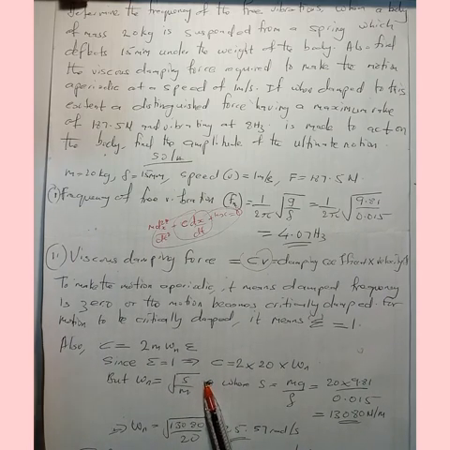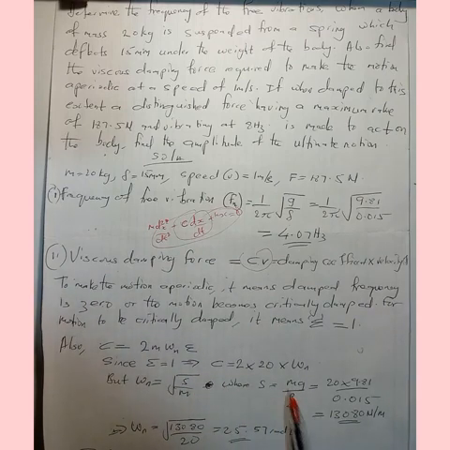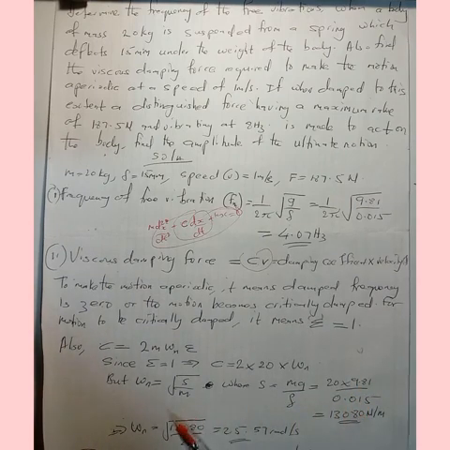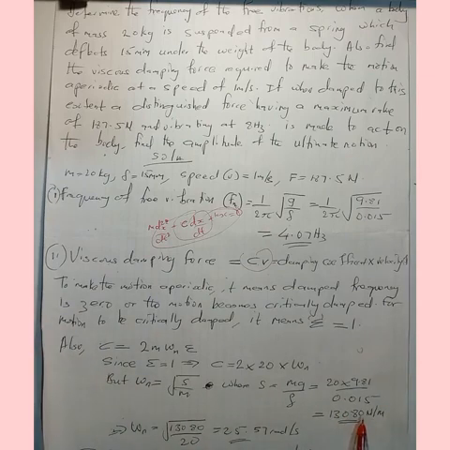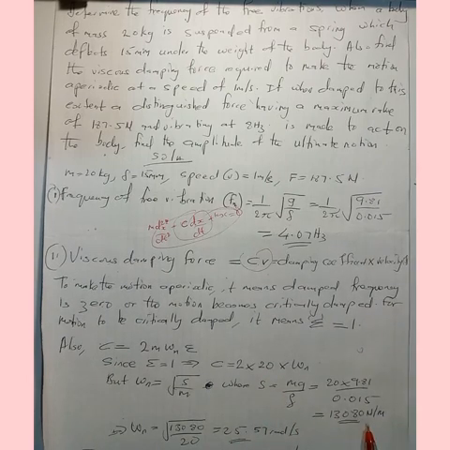Stiffness is given by weight over deflection, and weight is mg. So 20 multiplied by 9.81 over deflection, which is 0.015. Eventually, stiffness is 130.80 Newton per meter.